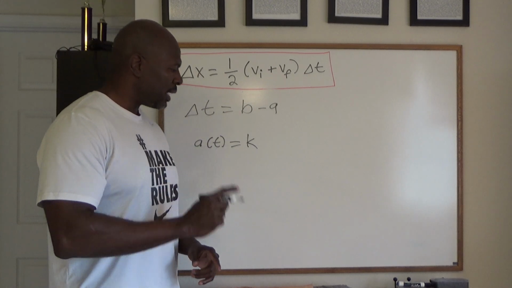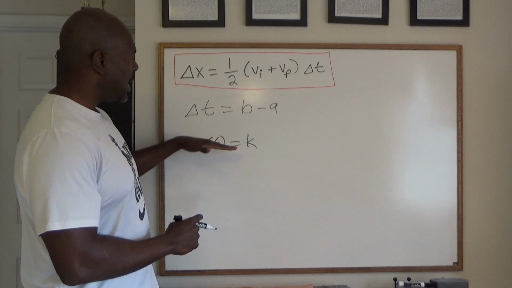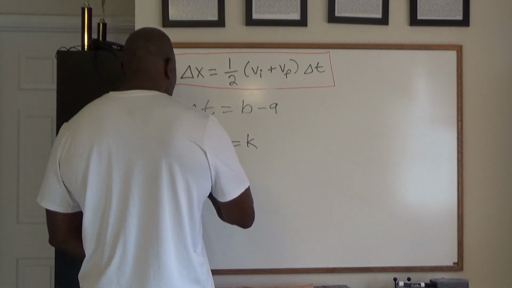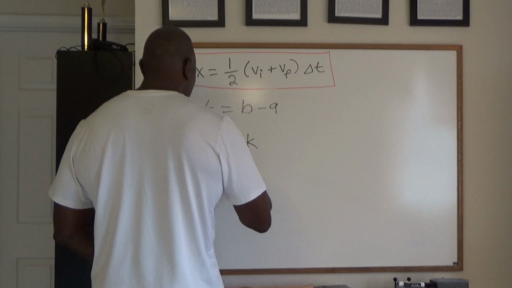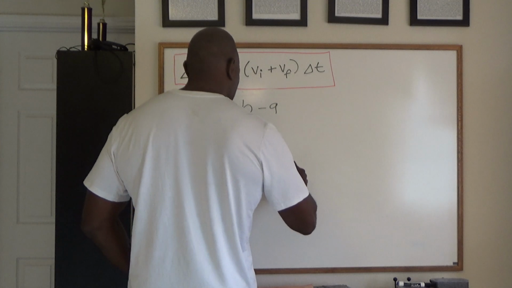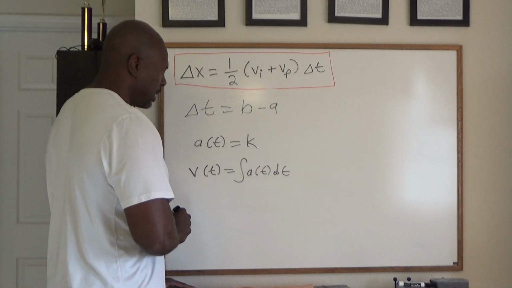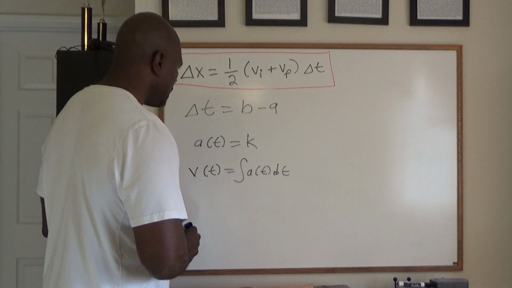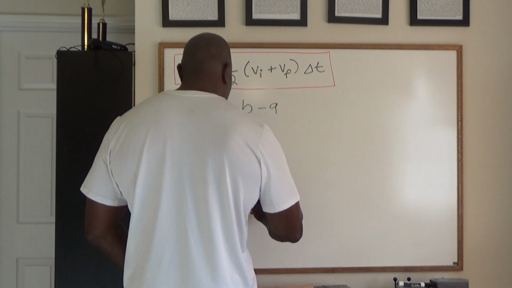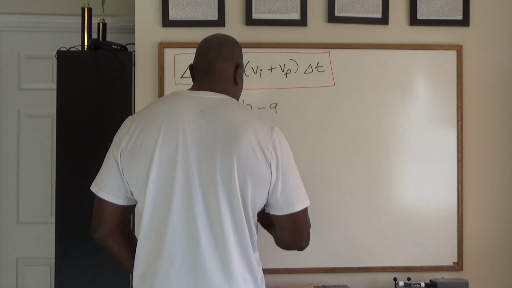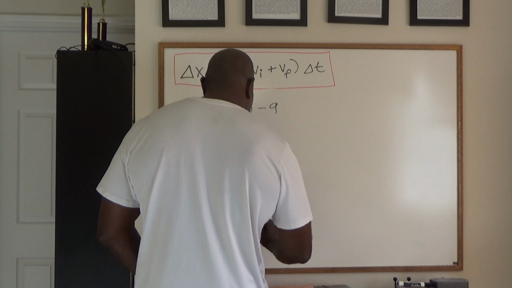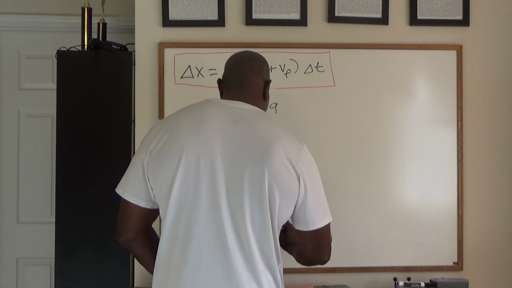And therefore the velocity function is the integral of this acceleration function. So the velocity function, which I'll call v of t, is the integral of the acceleration function with respect to time: the integral of a of t dt, which is the integral of k dt, which is kt plus c.